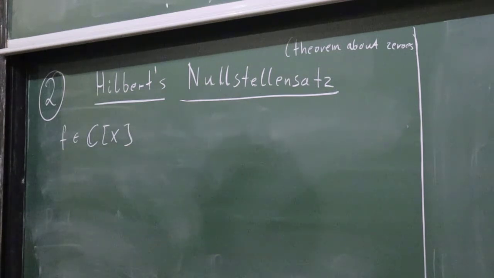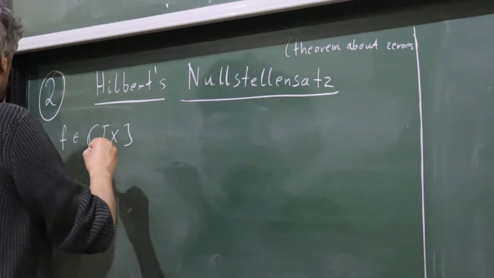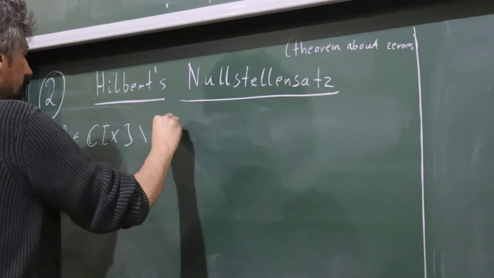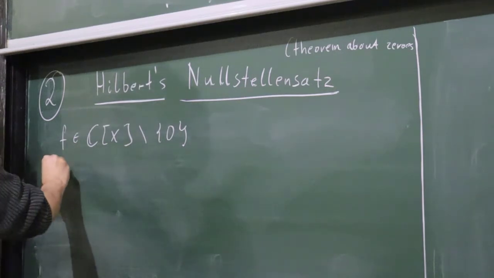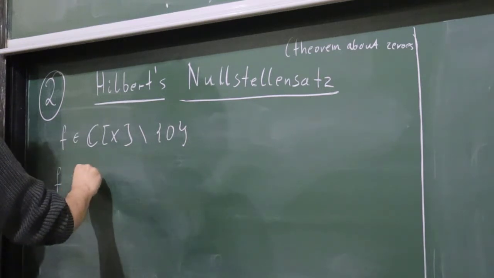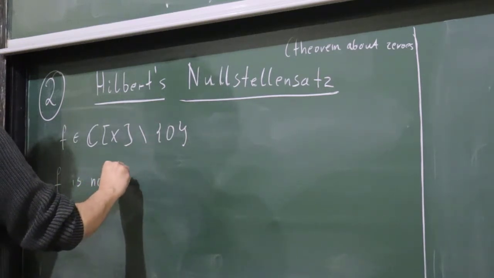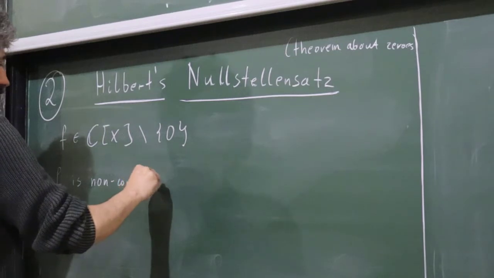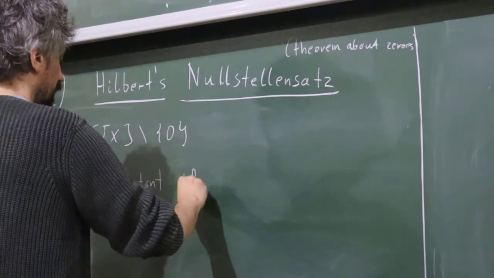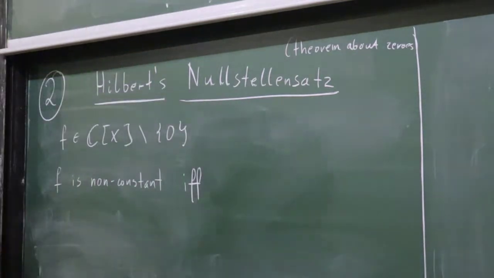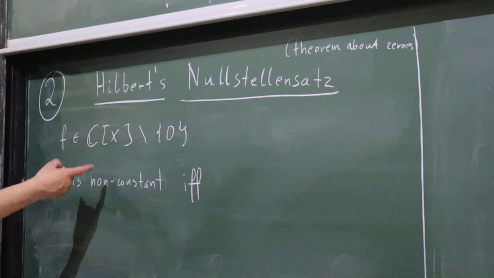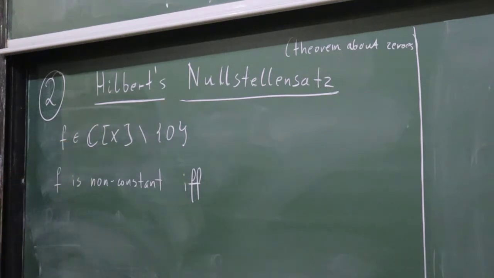Then f, which is non-zero, is non-constant if and only if it is non-invertible in this ring.